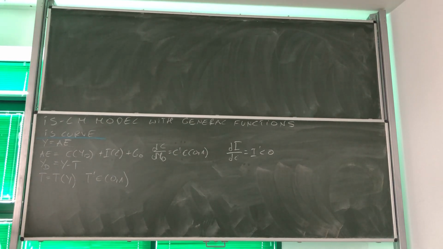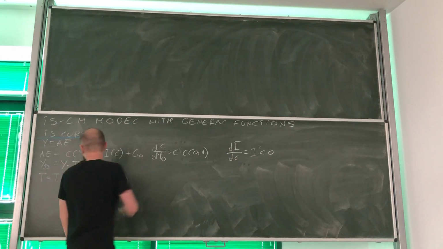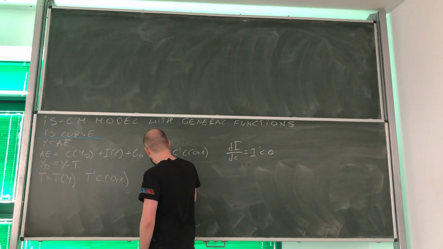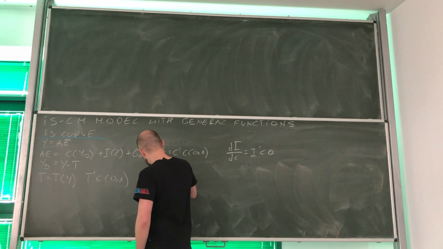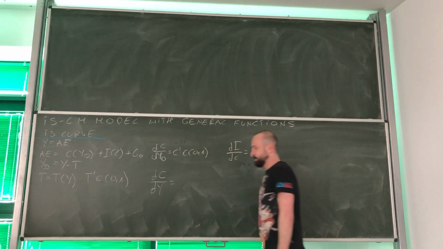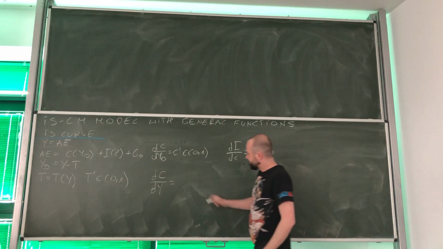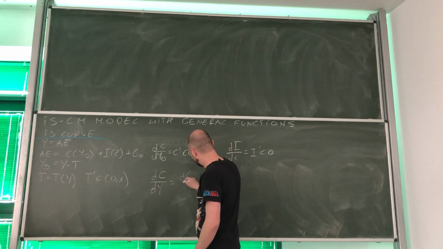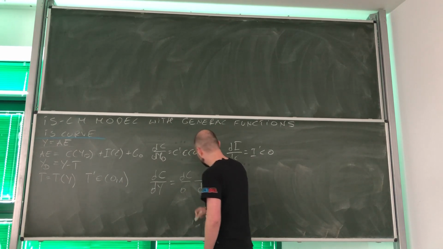So I just wanted to remind you that when we calculate this derivative of consumption with respect to income, we are using the chain rule, right? We put dC over here and dY over here.